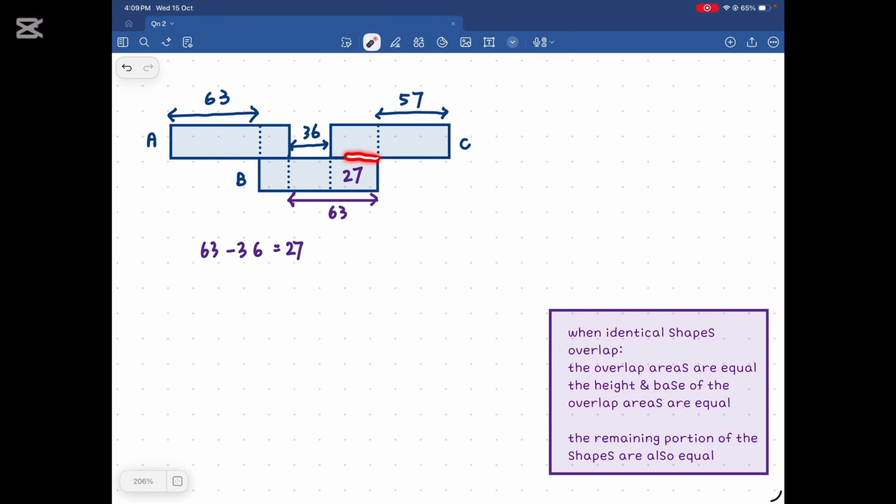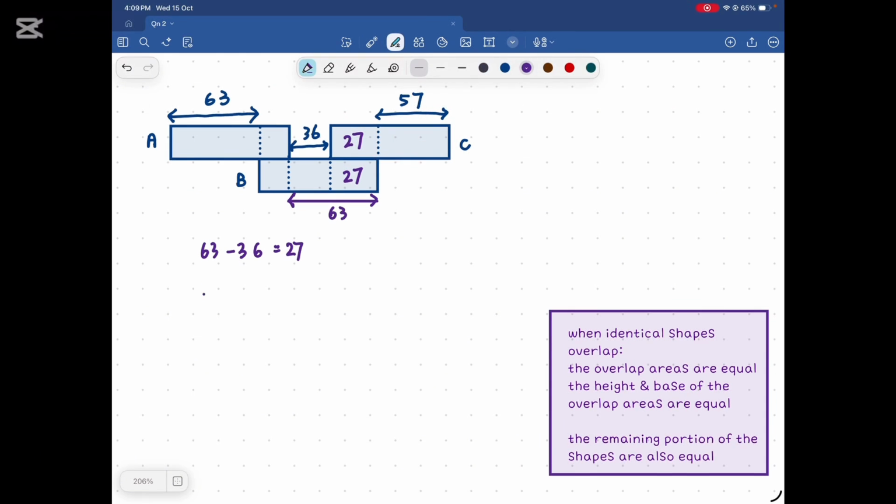Since this part overlaps with part of C here, this is therefore also 27. And now we can find the base of C by adding 27 with 57. So the base of each triangle is 84 centimeters.